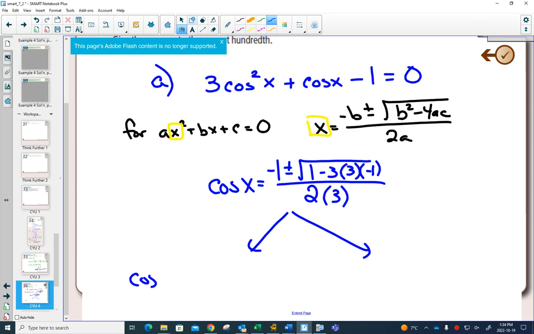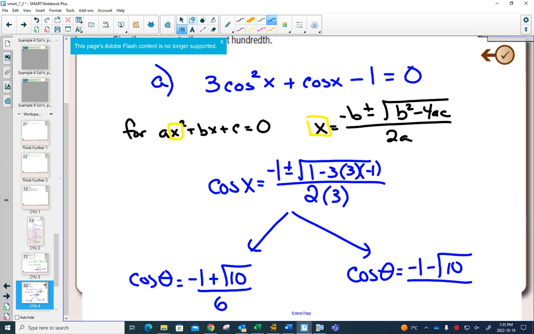And we can split it up, once with the plus. So the plus, we get negative 1 plus, simplifying inside, square root of 10 divided by 6, and once with the minus.